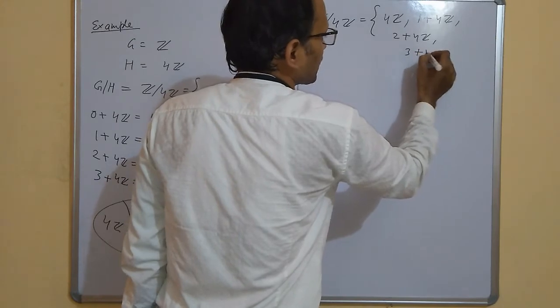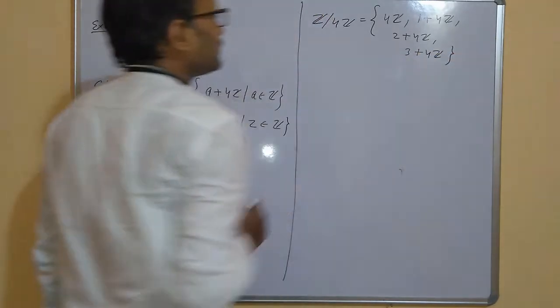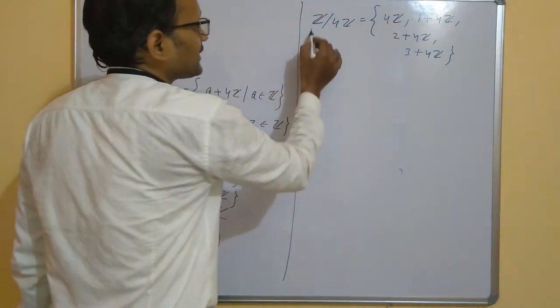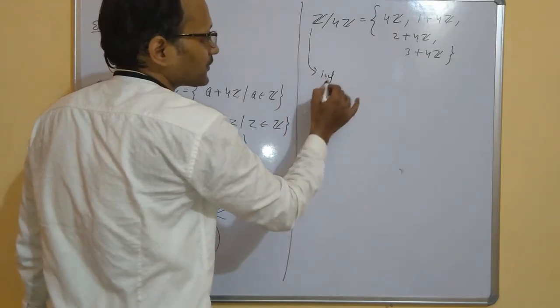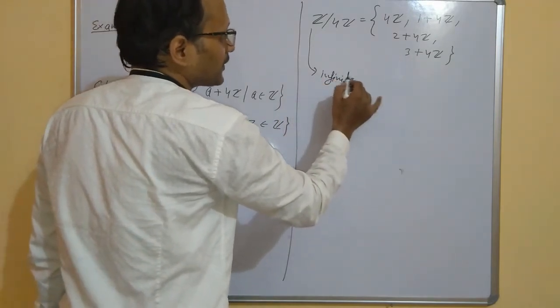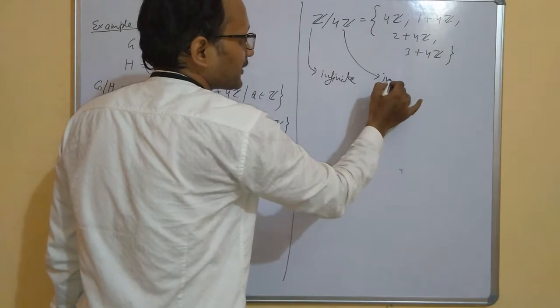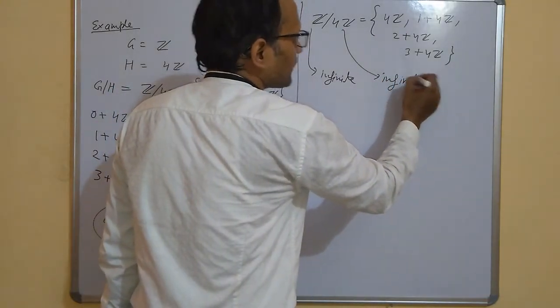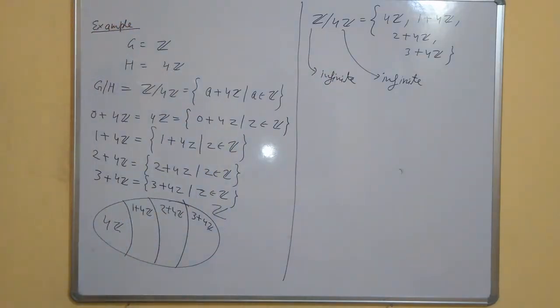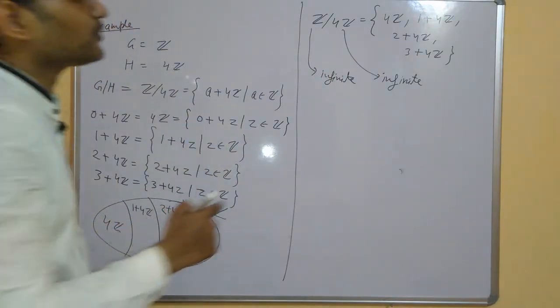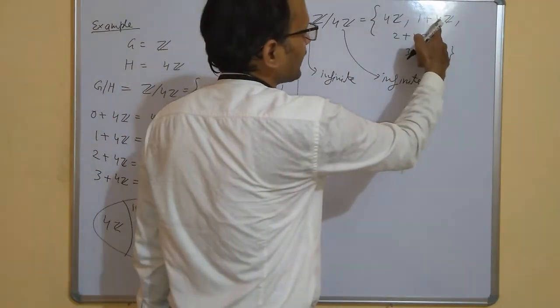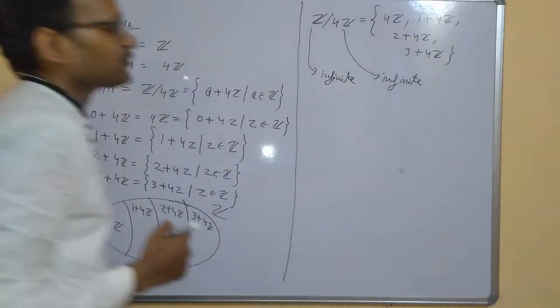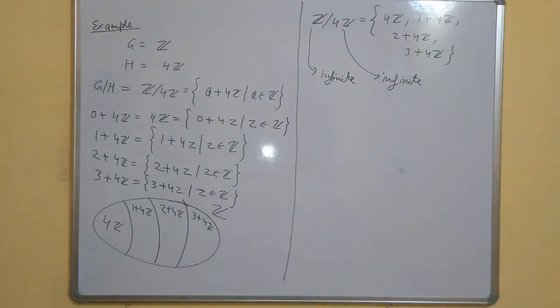So as you can see, this Z is an infinite group and this 4Z is also an infinite subgroup, but the number of cosets Z upon 4Z is finite, and they are 1, 2, 3, 4. They are finite in number. So it may happen.